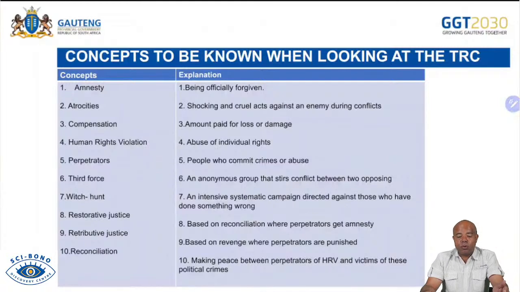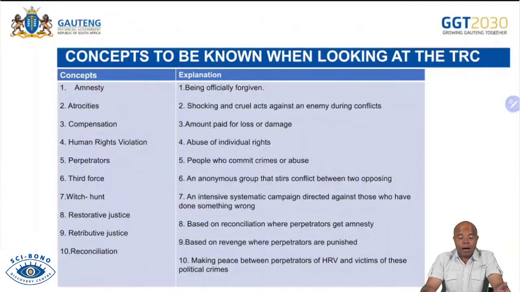So what some learners do is they write, you are forgiven. So we cannot accredit that as an accurate answer. Amnesty means official pardon. So if the learner wrote official pardon, pardon is basically like, okay, you are forgiven. Atrocities: shocking and cruel acts against any enemy during conflict.